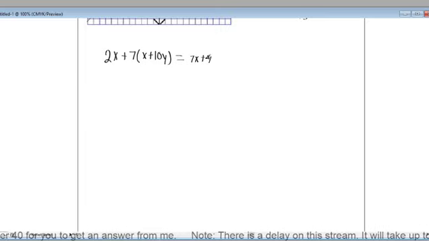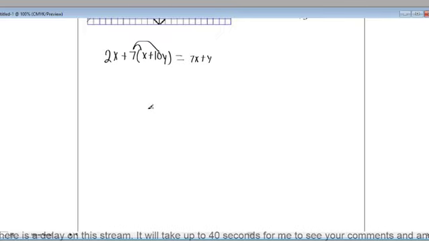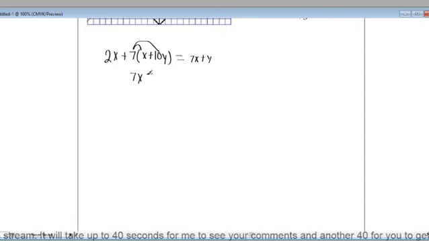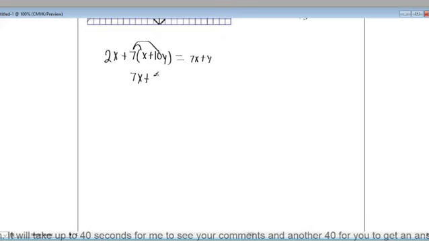So we need to simplify any of our expressions here, and yeah, we can simplify this side. We need to break these parentheses open by distributing the 7 into them. Okay, so if we do that, we get 7x plus 7y.